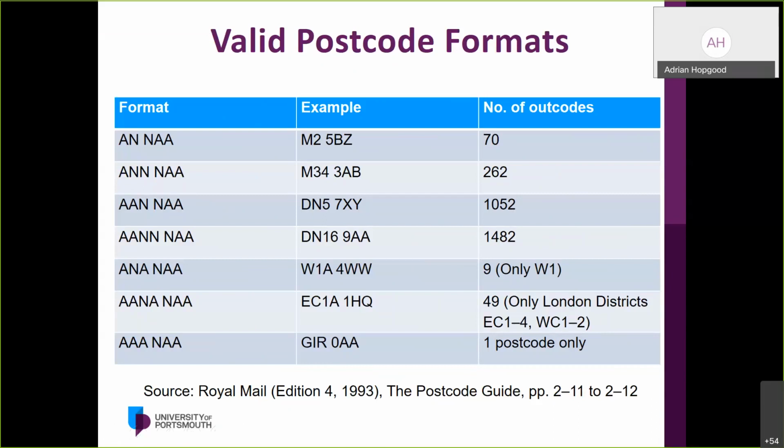So many more examples of those than the other formats. But nonetheless, no matter how you look at it, there's only 7 valid formats in terms of the combination of alpha characters and numerical characters.